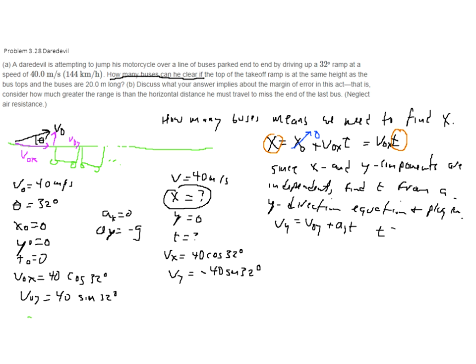So if we solve this for T, T equals Vy minus V0y over A sub y, and now we can plug this into this equation.